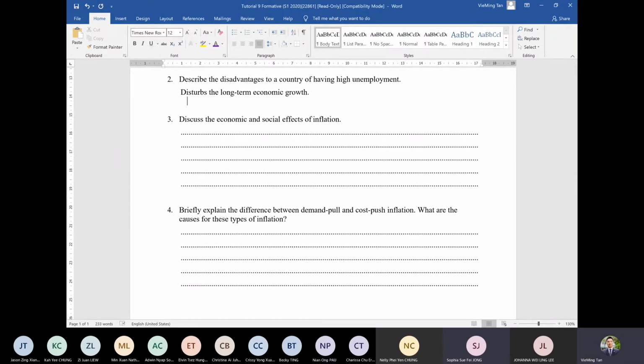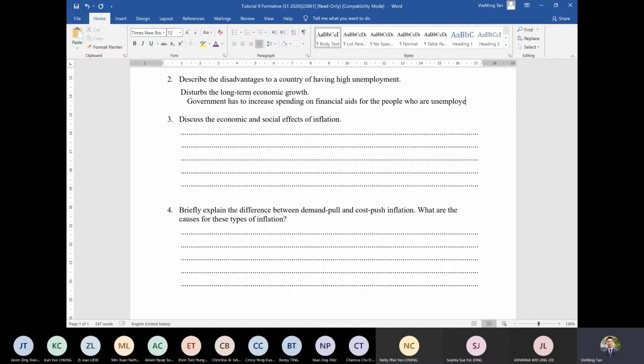Okay, so the government has to increase spending on financial aid for the people who are unemployed.